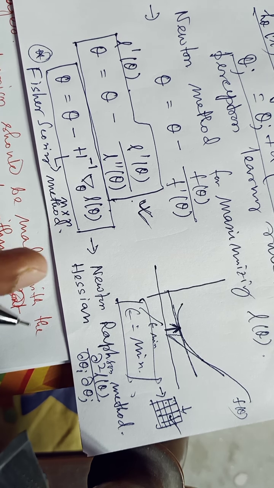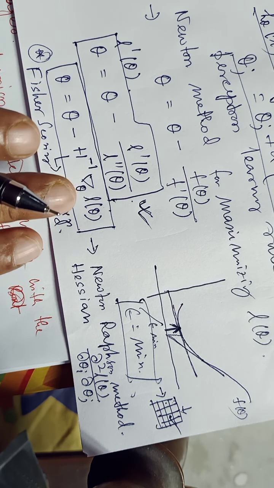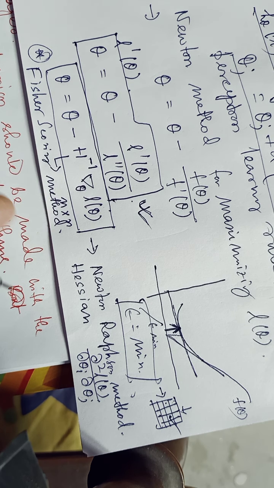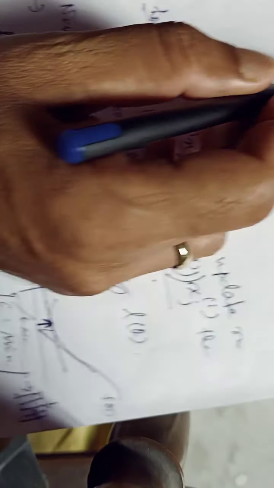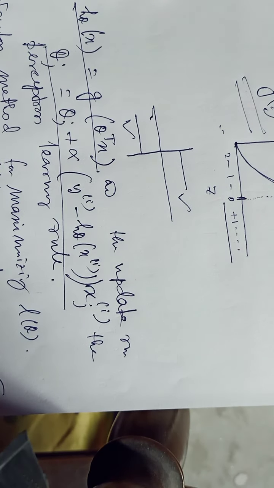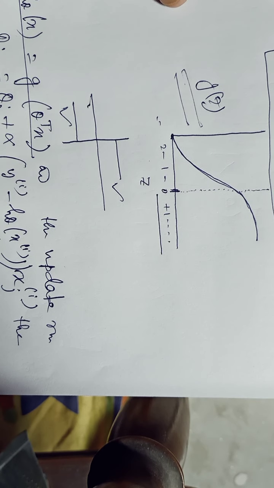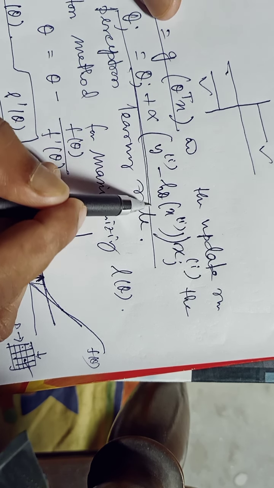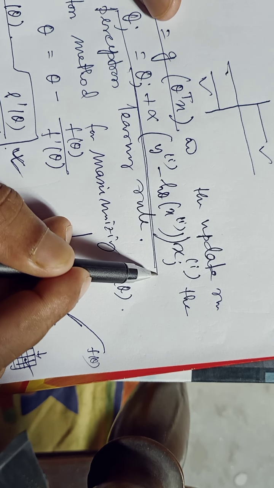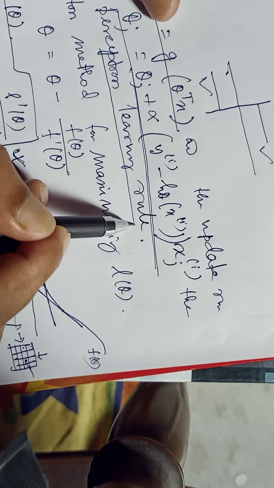Please keep this in mind. Here, for classification, we have learned two methods. One is by using the derivative of g(z), where the update rule is theta j plus alpha (y minus h theta x) xj, which is known as the perceptron learning rule.